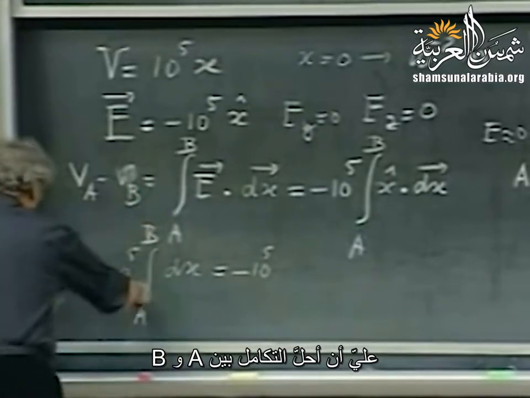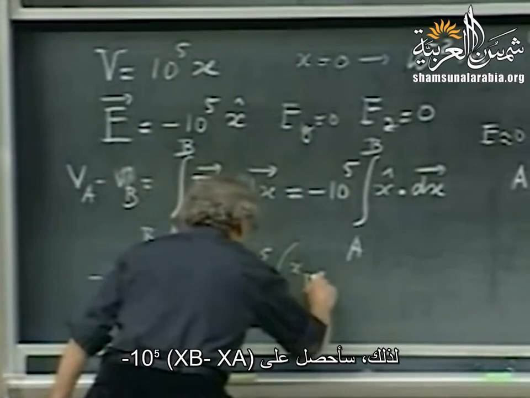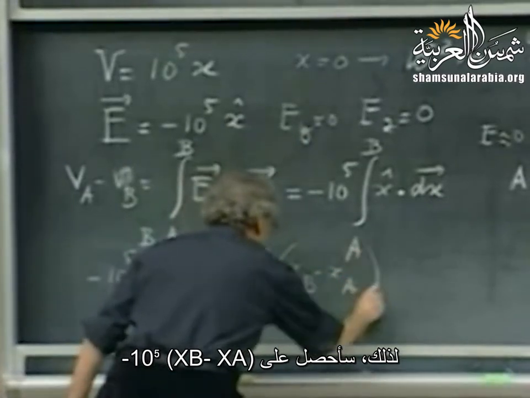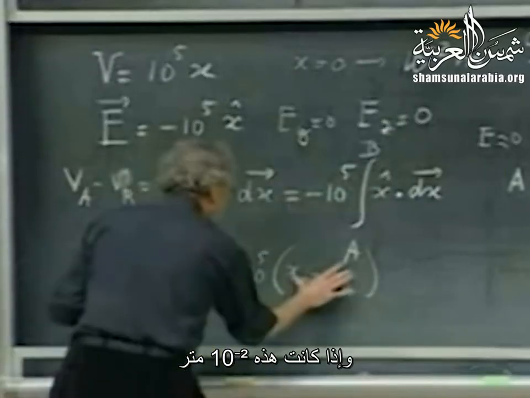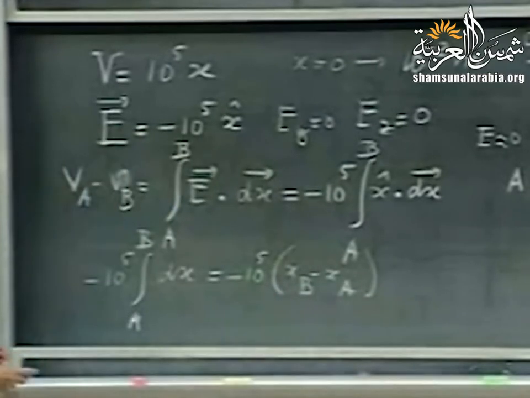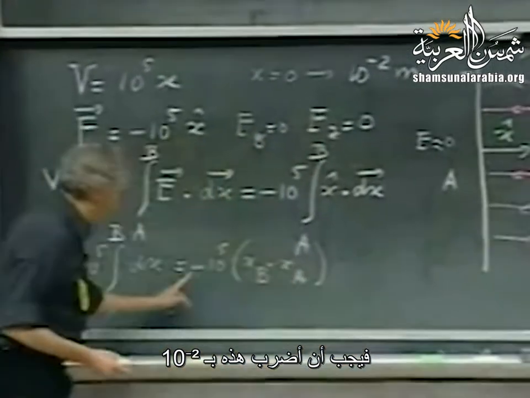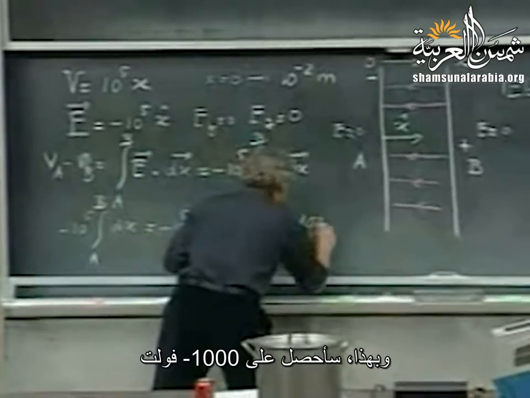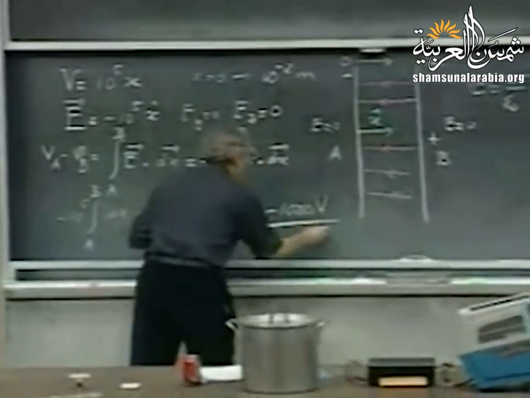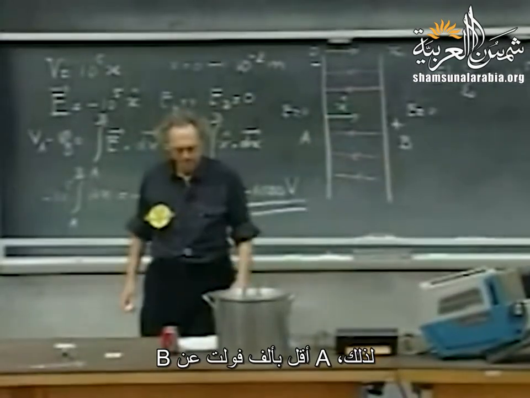I have to do the integral between A and B. So I get here x of B minus x of A. And if this is 10 to the minus 2 meters, to go from here to here is 1 centimeter, I must multiply this by 10 to the minus 2, so I get that this is minus 1,000 volts. So A is 1,000 volts lower than B.